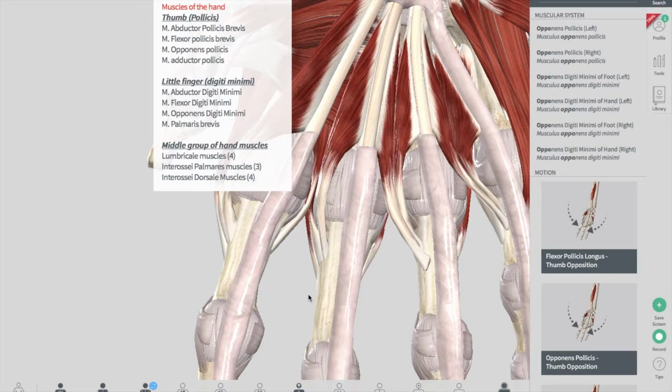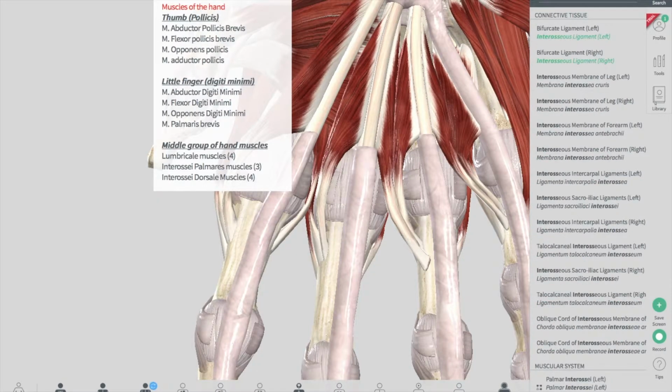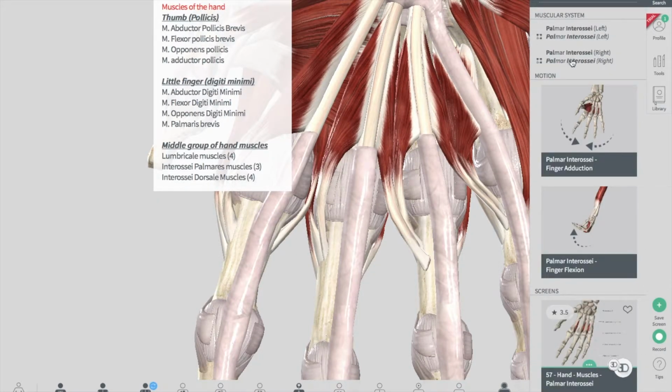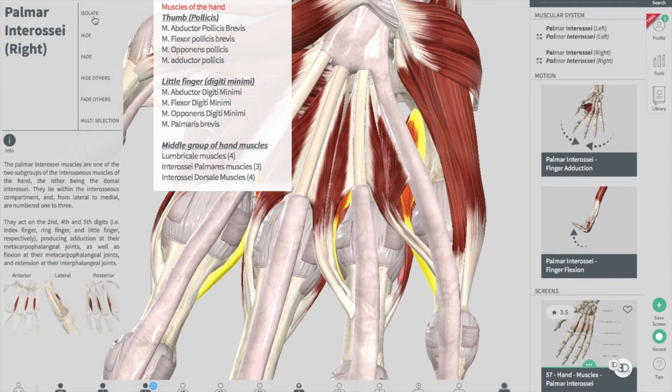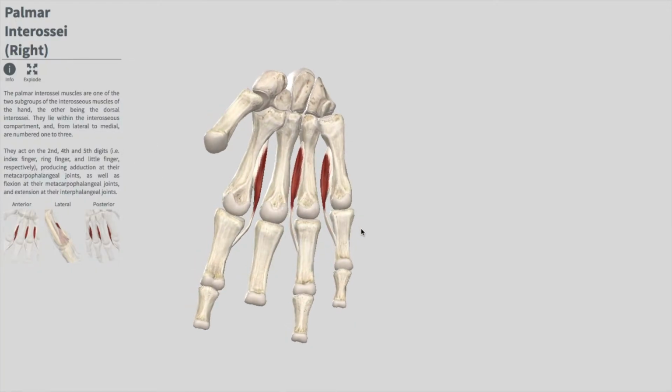So the next muscle is musculus interossei palmaris. Let's see if I can. Here they are. Musculus interossei palmaris originates from the metacarpal bones of the 2nd, 4th, and 5th, and inserts at the proximal phalanges of the 2nd, 4th, and 5th.